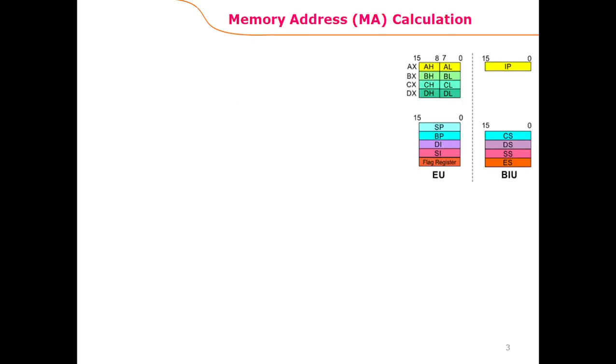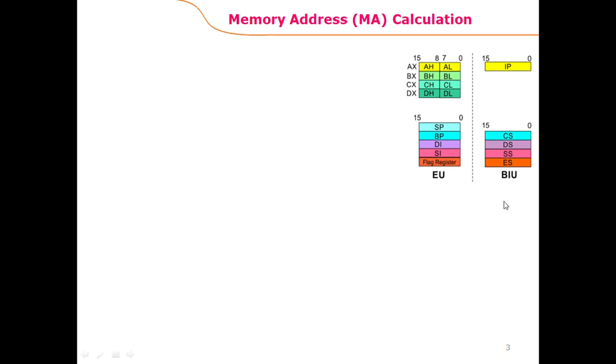Memory address calculation is needed to access a particular place or byte in the memory. In the microprocessor, there are 2 units: one is the bus interface unit and the other is the execution unit. There are some registers in the bus interface unit, for example the instruction pointer and segment registers. And there is another set of registers inside the microprocessor in the execution unit.